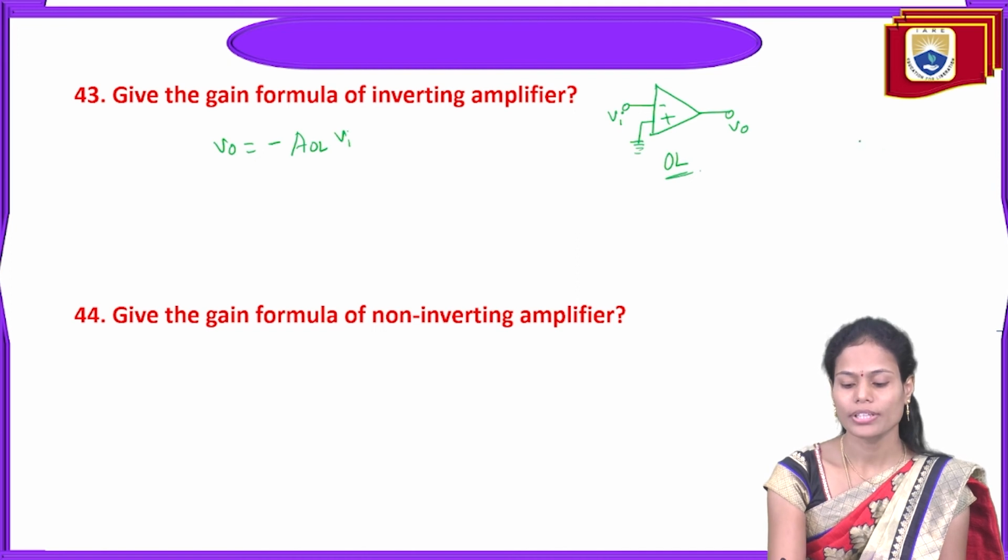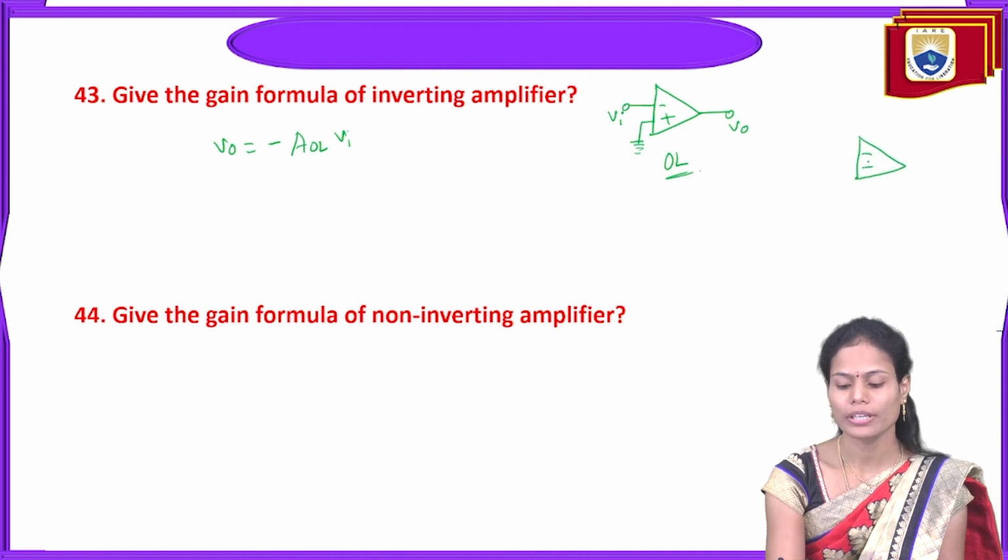And similarly, if you take the closed loop inverting operational amplifier, we have R1 and RF resistances here, and this is grounded. It is V0.